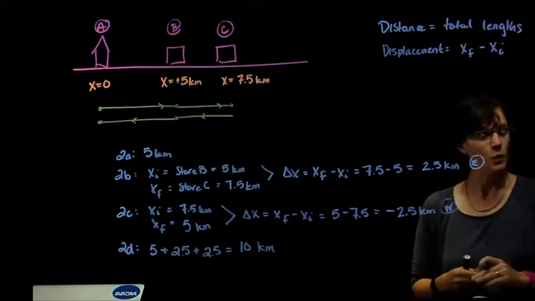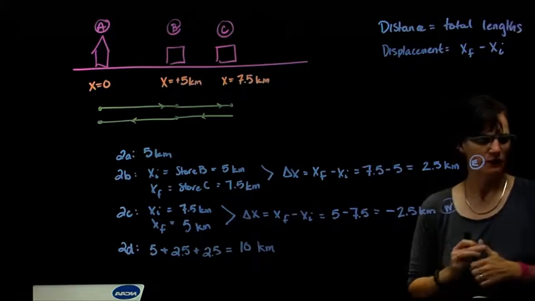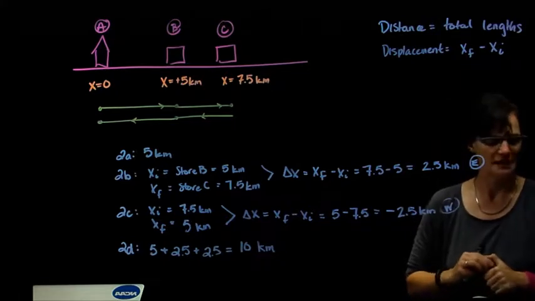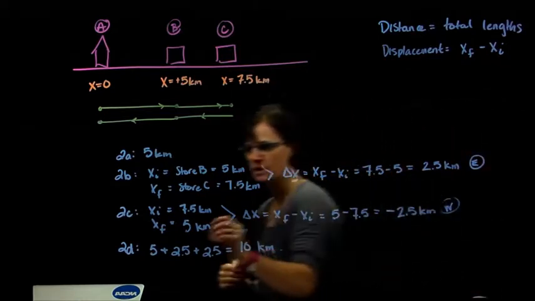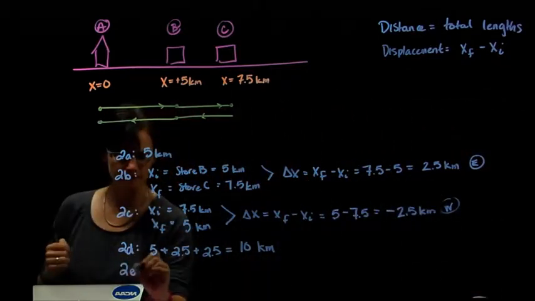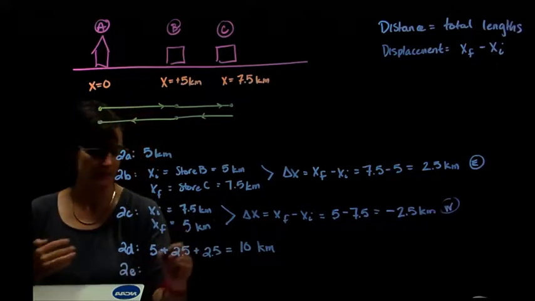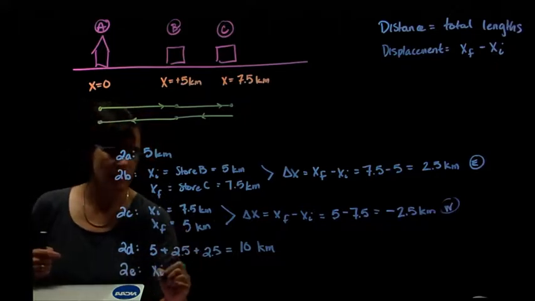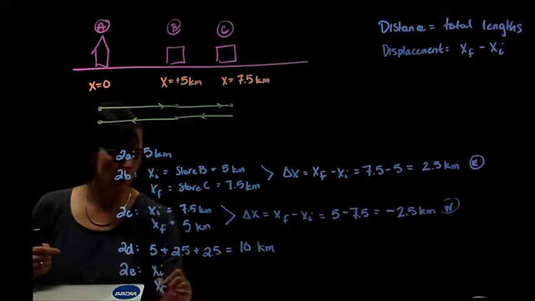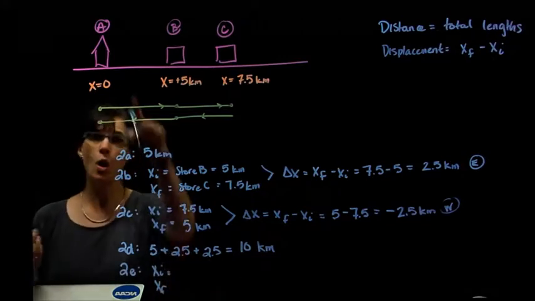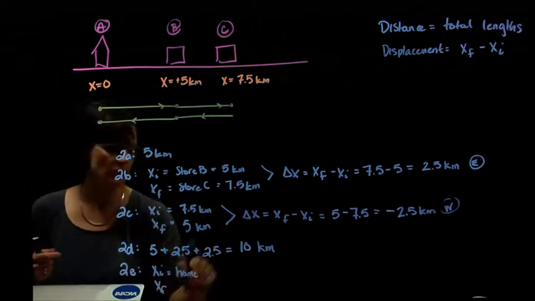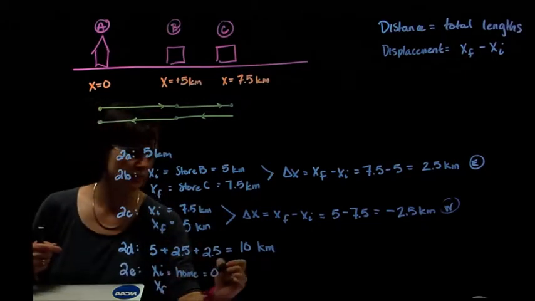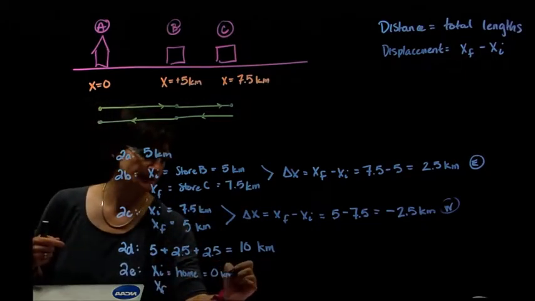What is the total displacement Jeanie traveled when she arrived at store B for the second time? So total over the course of the whole motion. So this is 2E. Again, displacement, initial position and final position are important. So she starts out at home, if we're looking over the course of the whole motion, at home, which is position 0 kilometers.